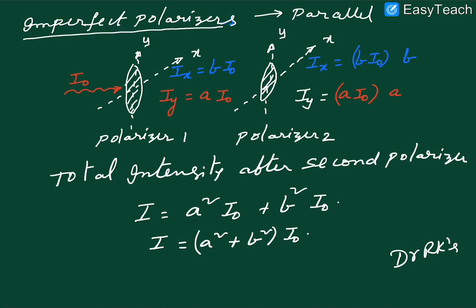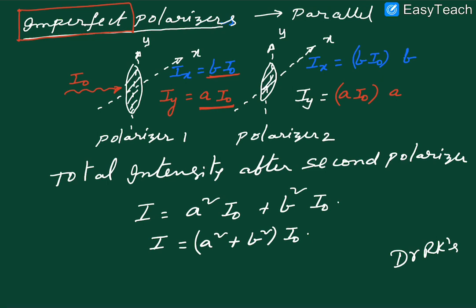Next, in the case of an imperfect polarizer, it can transmit the parallel component as well as the perpendicular component. So parallel component, let us say A I naught, perpendicular component, B I naught. If it is perfect, B value is 0. If it is imperfect, B value is not 0, a small fraction it can transmit also.